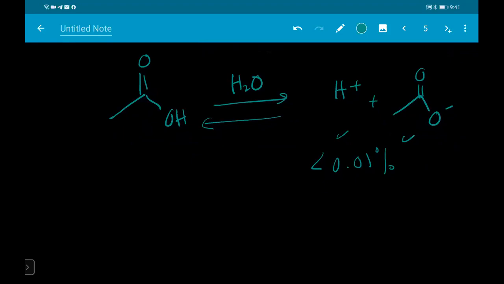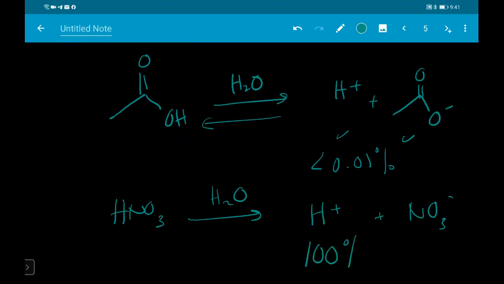Compared to strong acid, let's say nitric acid. If we add in water, it will dissociate H+ and NO3 negative. Kalau kita check balik H+ for the HNO3, we're going to find 100% dissociation. That's why this is considered as strong, ini considered as weak.